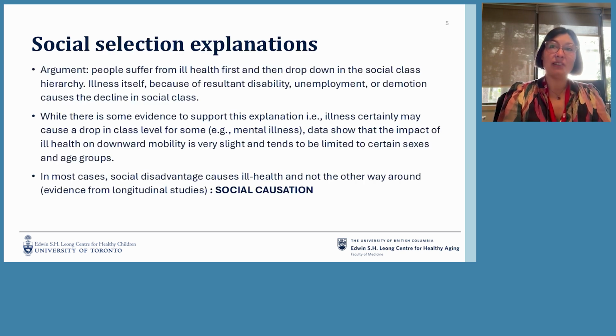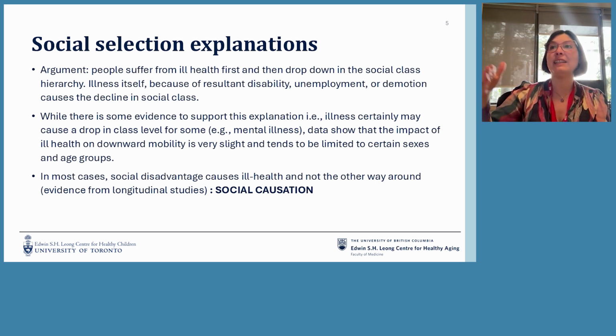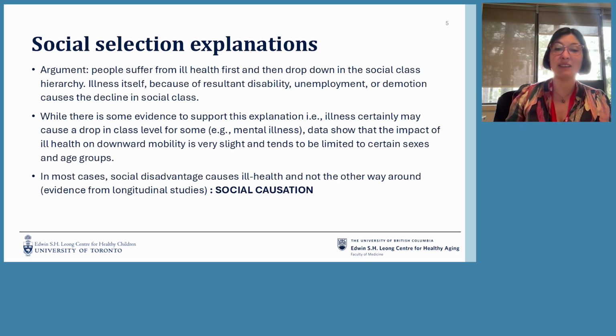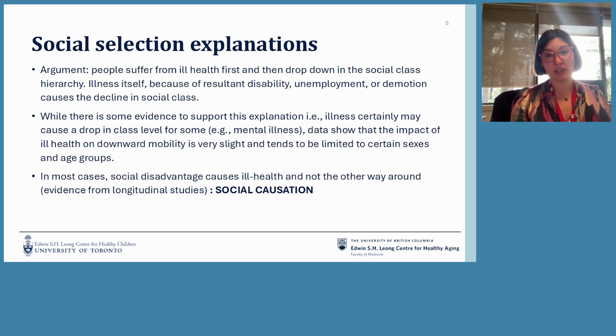The argument behind the social selection explanation is that people suffer from ill health in the first place, and that drives the socioeconomic disadvantage they are in. So the differences in diseases we see are the product of the fact that the link with socioeconomic conditions is related to the ill health coming in the first place.